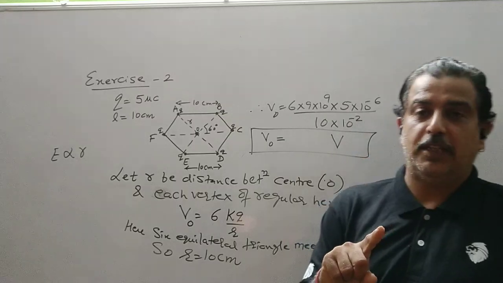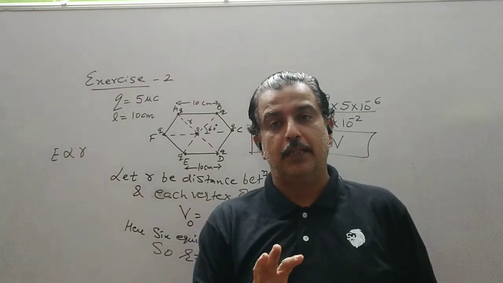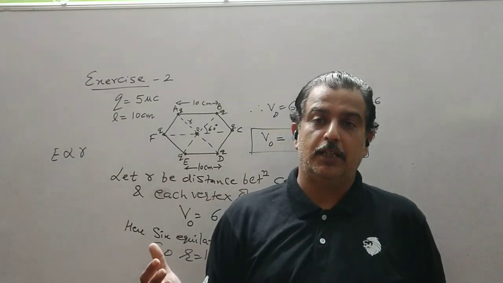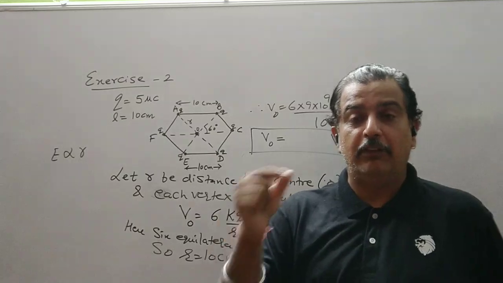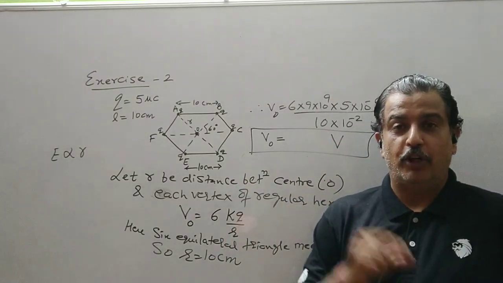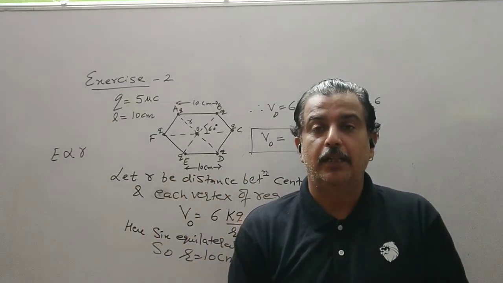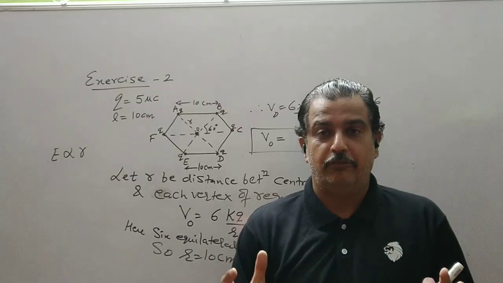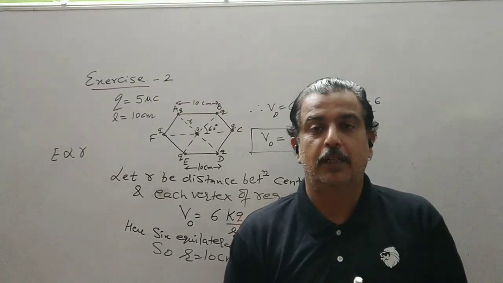Conducting solid sphere and hollow sphere are the same thing. For a non-conducting solid sphere, E is proportional to r, and we will see the electric potential for it as an extra exercise, which is not given in our course or book.